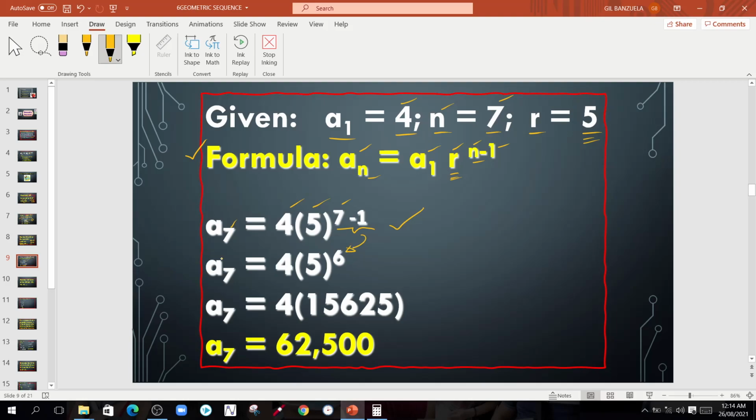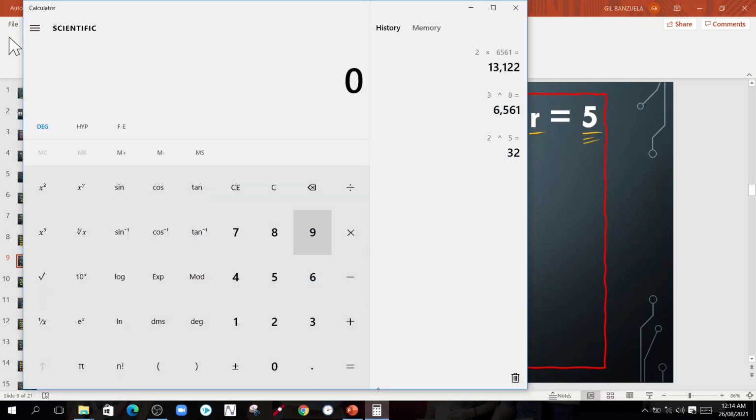Okay, so bringing down a sub 7 equals 4. So just bring down 4. Then let's press your calculator 5 raised to 6, no? So it would be better if you memorize your exponential table. Pero kung wala, you can always look for it sa calculator.